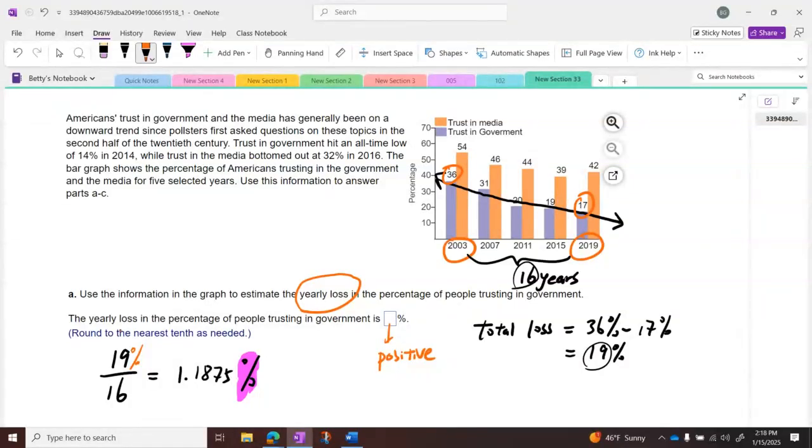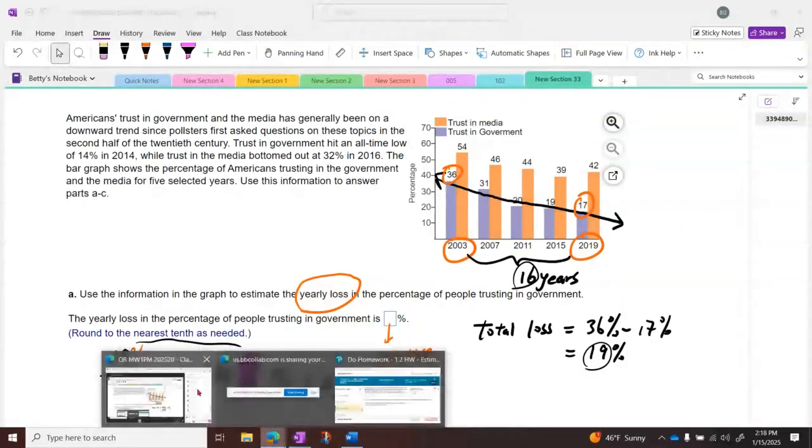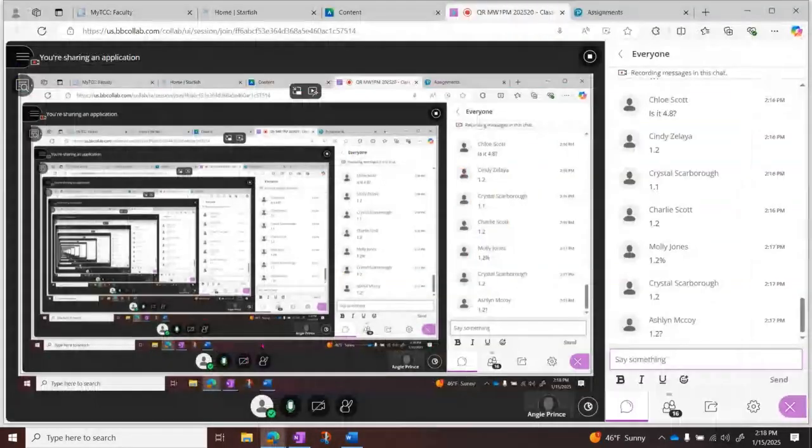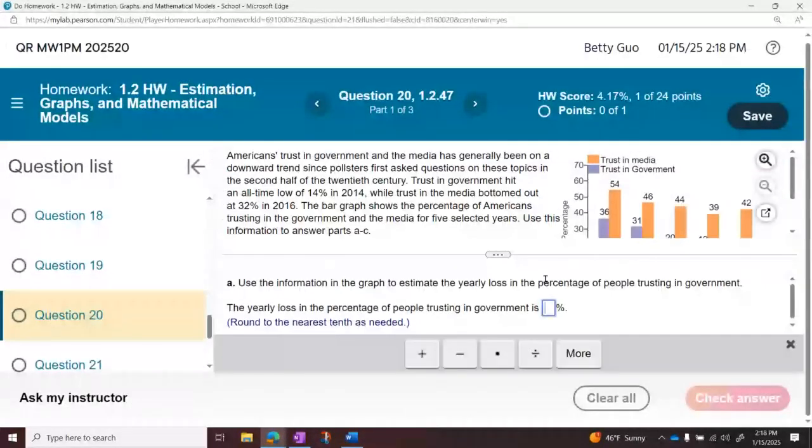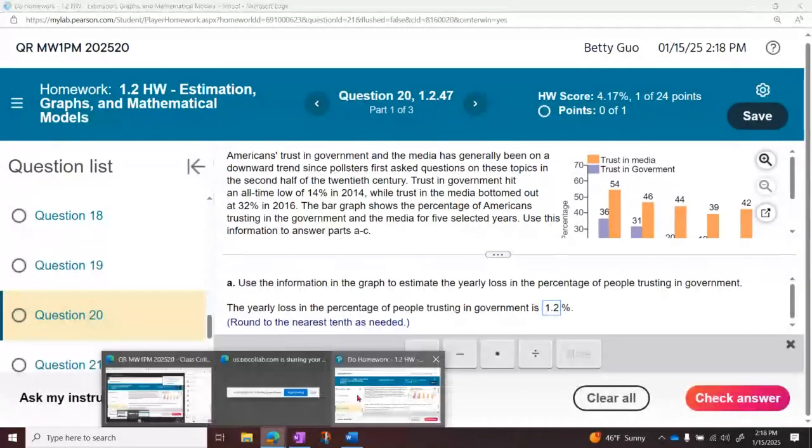Then you divide 19% by 16. But we need to round the number to the nearest tenth, so it means keep one decimal place. 8 is bigger than or equal to 5, so 1.2%. Do we have a close answer? Oh, perfect. Yes. Molly is correct, but you don't enter the percent again because the question has a percent sign here. You only need to enter 1.2.